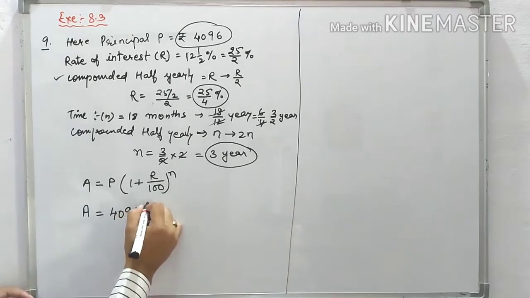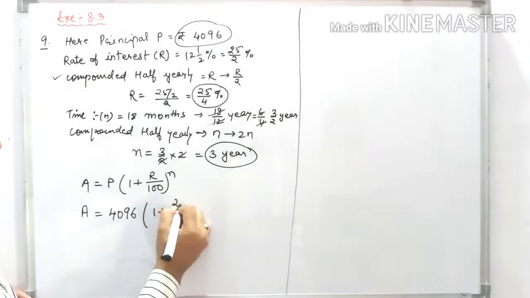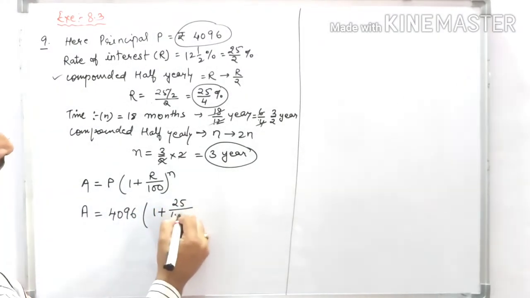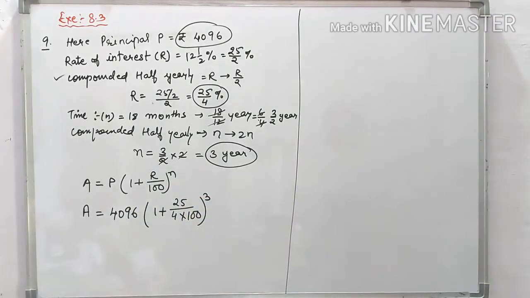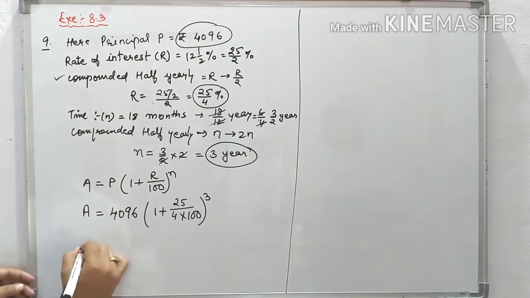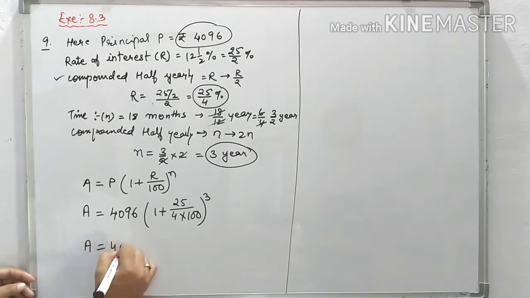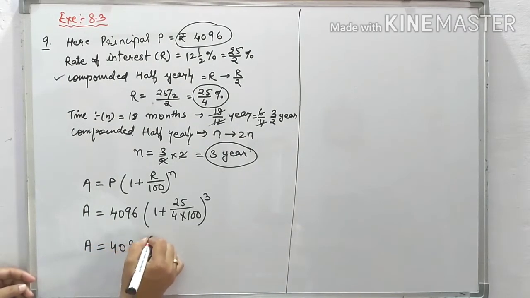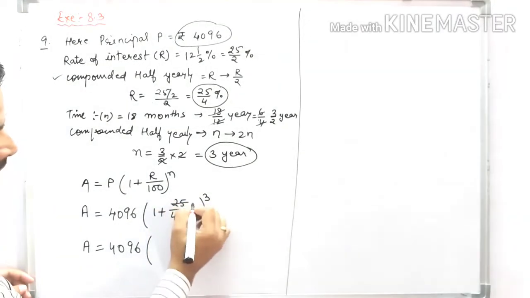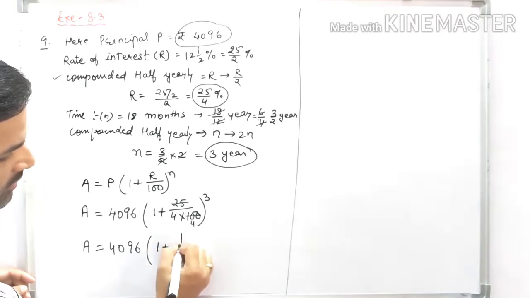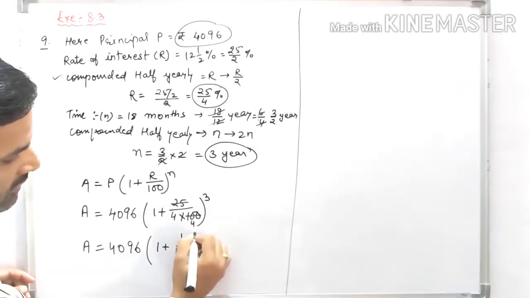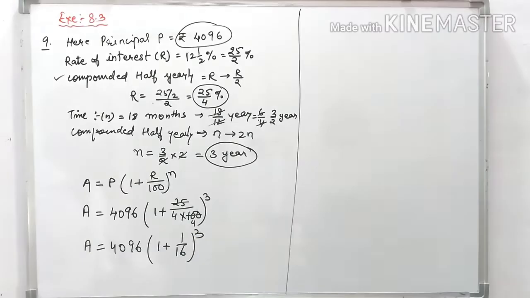A is equal to 4096 in bracket, 1 plus R value 25/4 into 100, in power of 3. Then after solving, A is equal to 4096 in bracket, 25 upon 4 times 100, that is 1 plus 1/16, the power of 3.